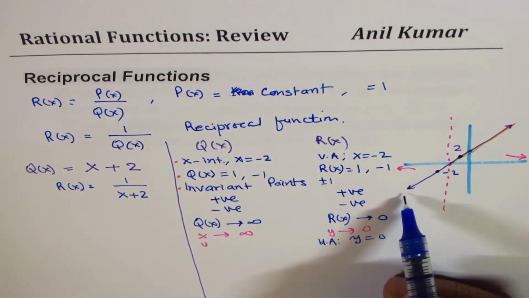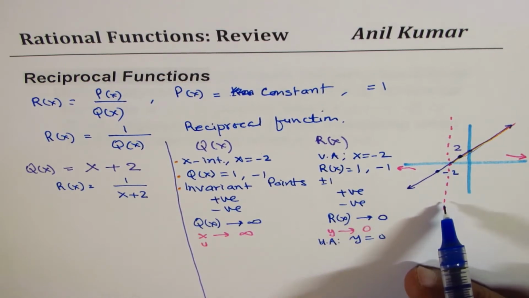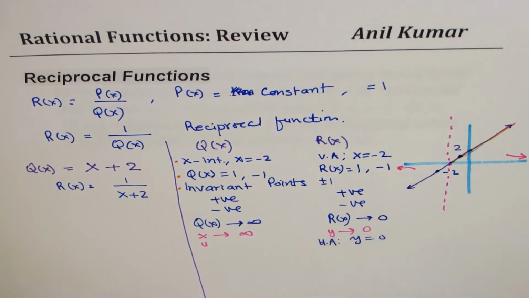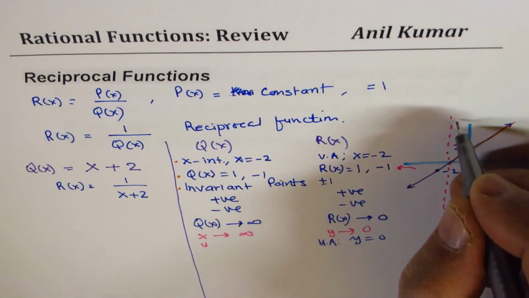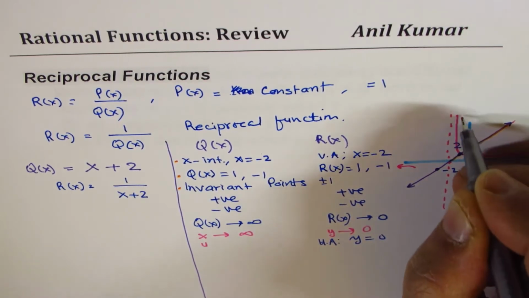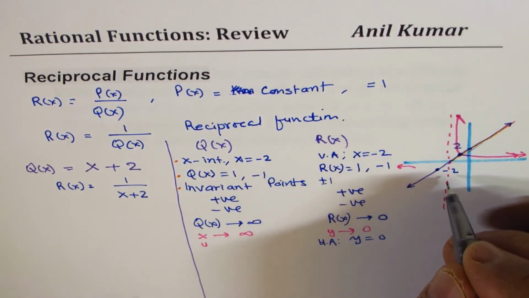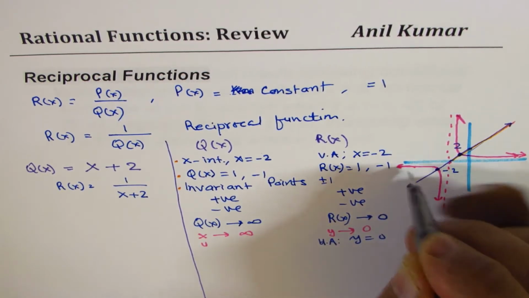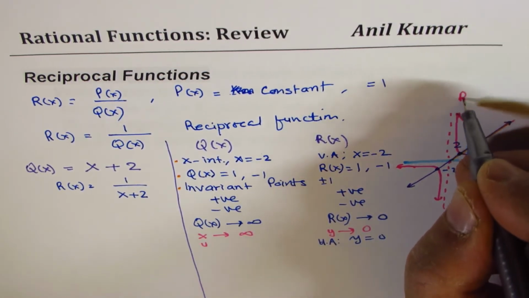Now, we know that it is approaching infinitely large value at the vertical asymptotes. Negative means negative. So safely, I could draw a graph kind of like this. We'll get into details later, which could represent our reciprocal function. You get an idea. So this graph is for the reciprocal function.